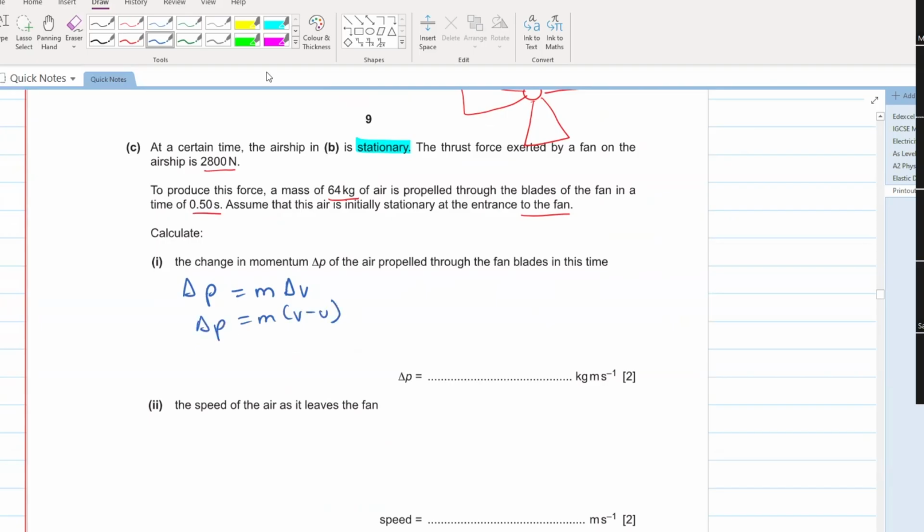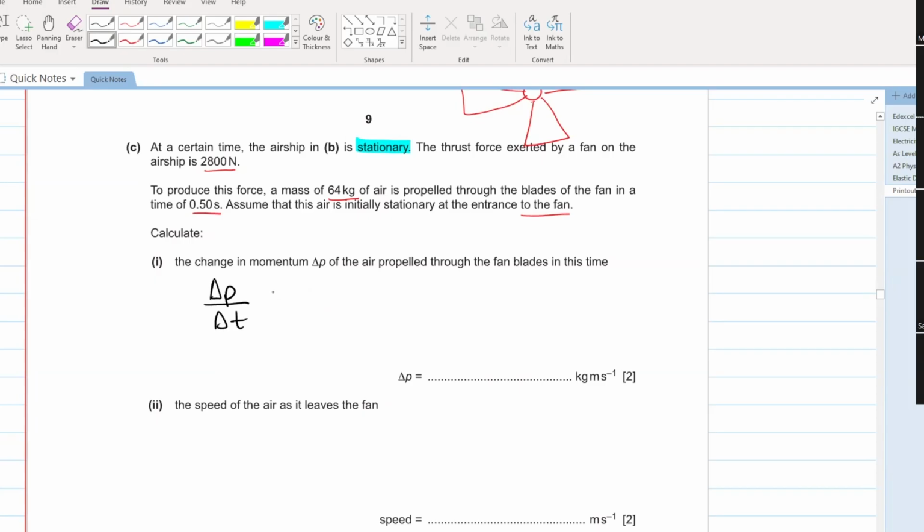Why? Because you don't know the final velocity. Whenever two variables are unknown, आप आगे calculation नहीं कर सकते. Now here I am stuck.